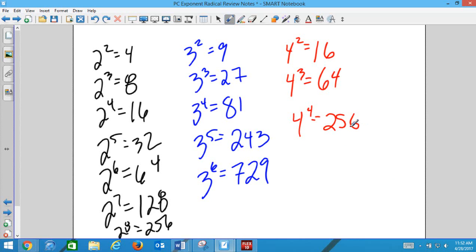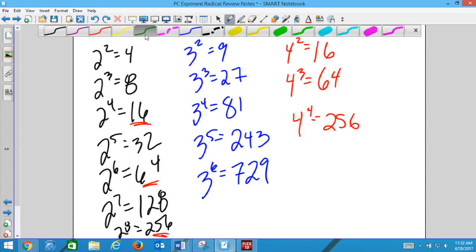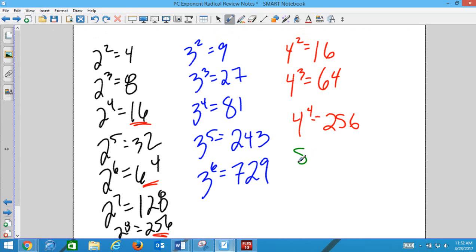The 4s, 4 is the same thing as 2 squared. So when you look at the 4s, those numbers are already in the 2s. 5s, just do a couple 5s. 5 squared, 25. 5 to the third, 125. 5 to the fourth, 625.